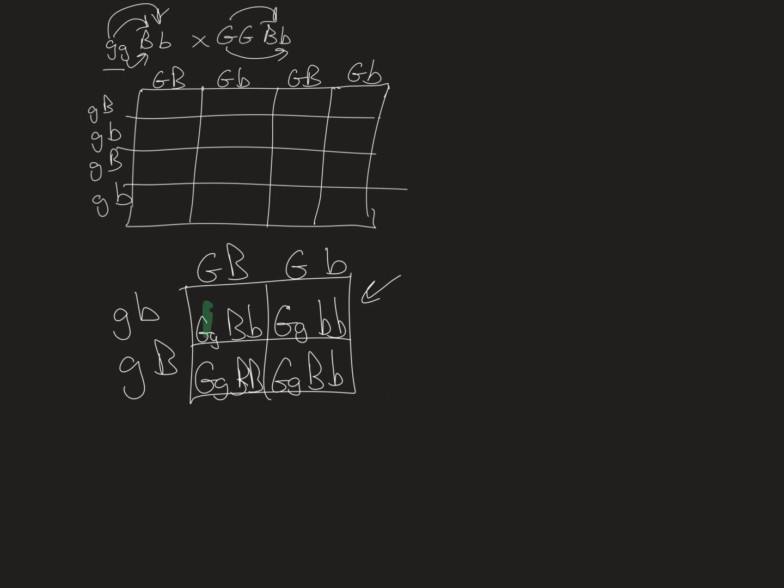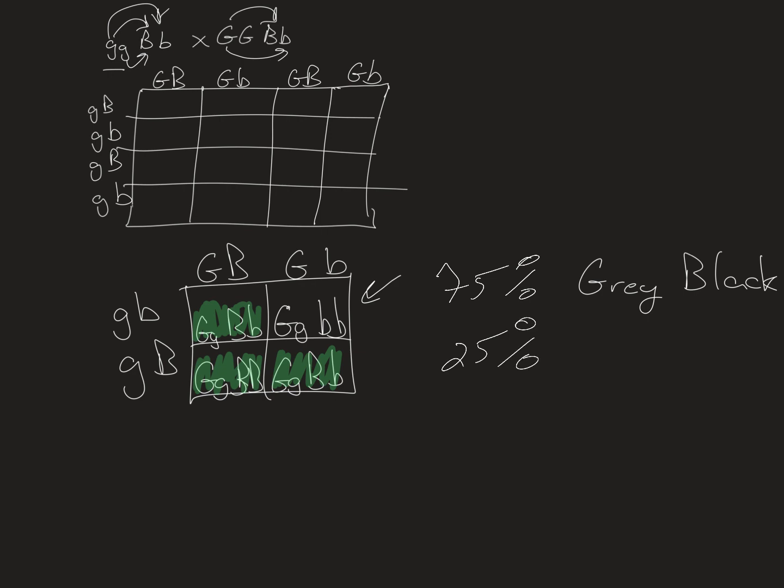So this is gray and black here, correct? This is gray and black, correct? And this is gray and black. So then we have 75% gray and black. And we got 25% gray and red.